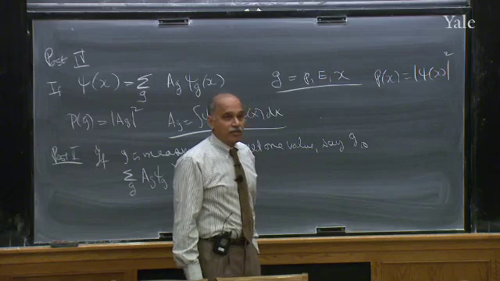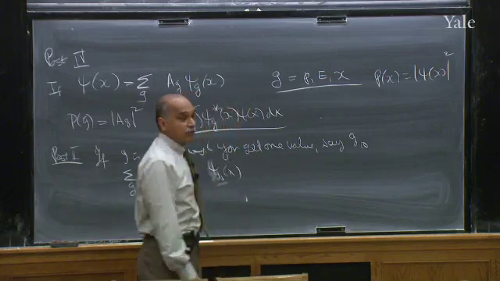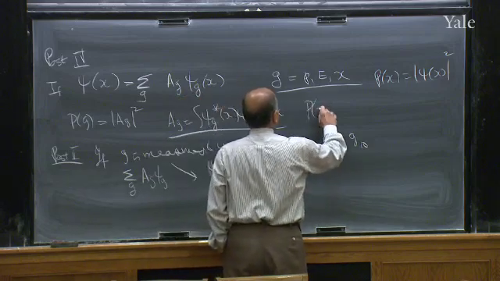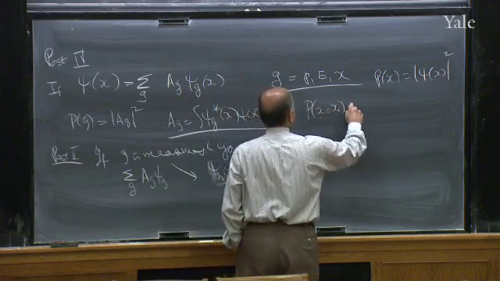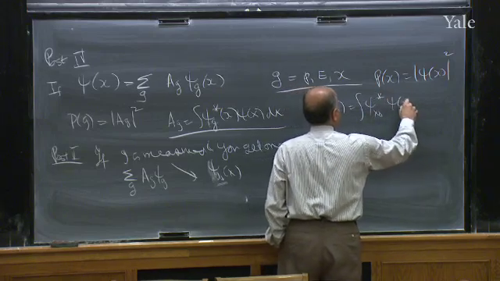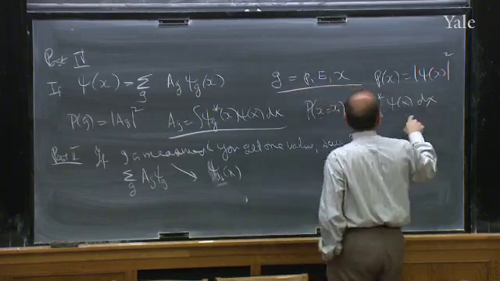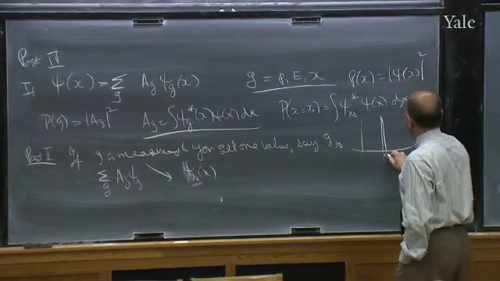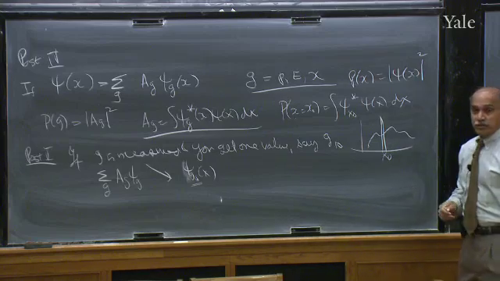Right? Why didn't I mention that? That's actually contained here. It's contained here because if I say what's the probability that x has a value x naught, I will take the integral of psi x naught star psi x dx. But look at what this is. Psi x naught star is a spike at x naught. Psi x is some function.